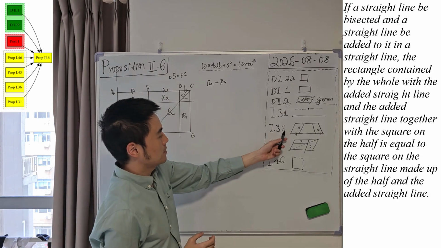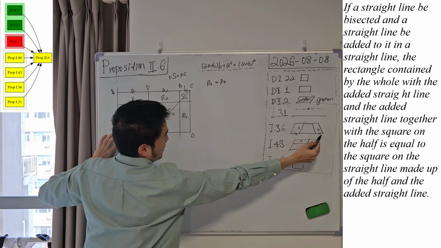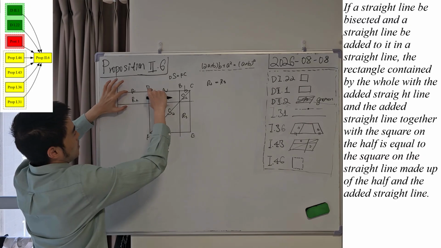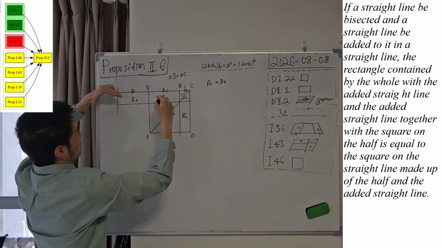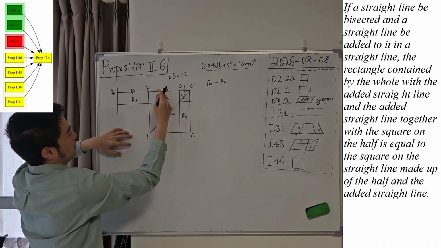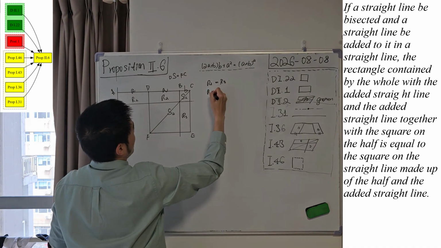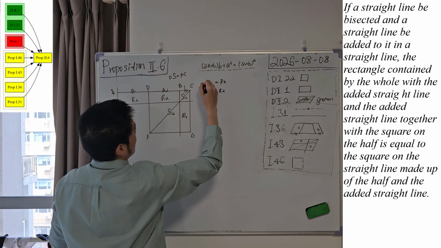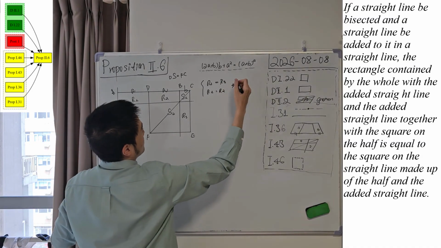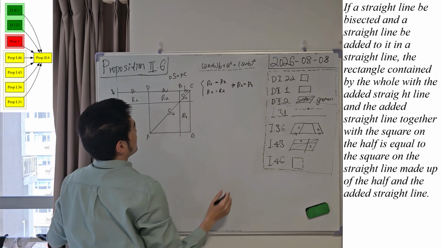And recall proposition 36, if two parallelograms have the same base and they are in the same parallels, then they are equal. Okay, so these are two parallels, and R1 and R2 have the same base because D bisects AB. So they are equal. And we know R1 equals R2, and combining them and using common notion 1, we know that R1 will be equal to R3, correct?